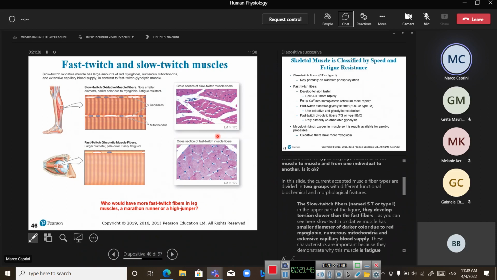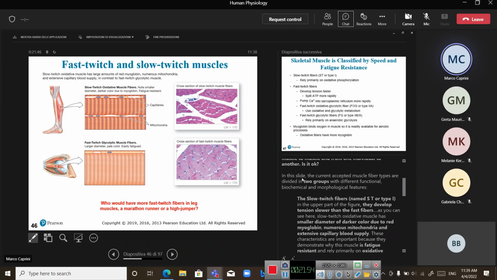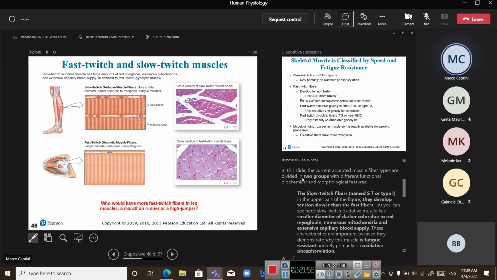Just remember the slow twitch fibers, okay? Slow twitch fiber, or oxidative, or type 1, they have different names. In our book you can find other subtypes, but these two, as I told you, are just the two most important types.